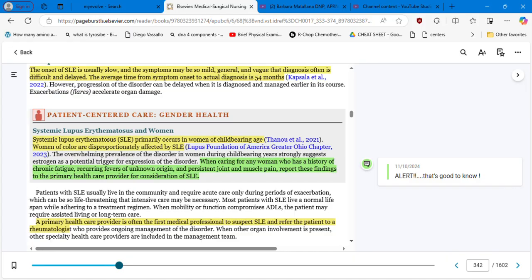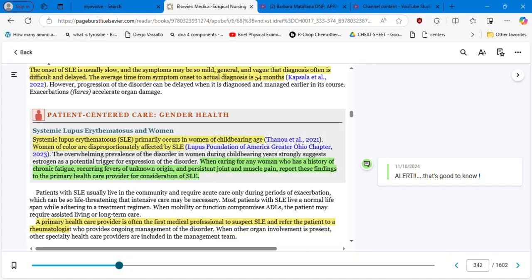So patient-centered care, gender health alert, that's good to know. Systemic lupus erythematosus primarily occurs in women of childbearing age. Women of color are disproportionately affected by SLE. When caring for any woman who has a history of chronic fatigue, there you go.